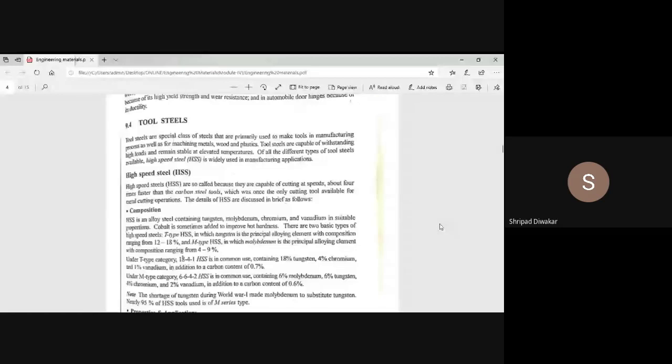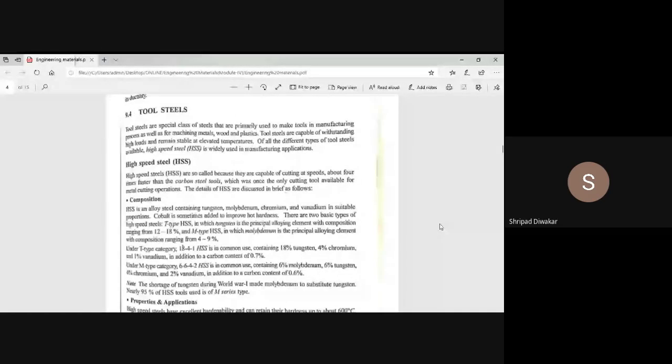Tool steels. As we know, for machining, for removing material from a raw workpiece, we need tools. For example, a knife. A knife is a tool. In order to remove material from a particular part, we need tools. Those tools are made up of steels.